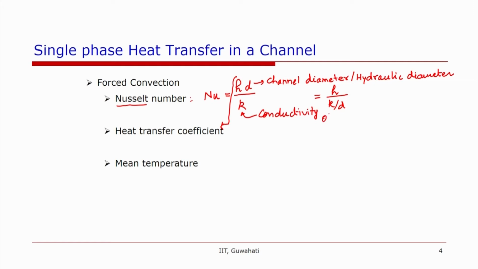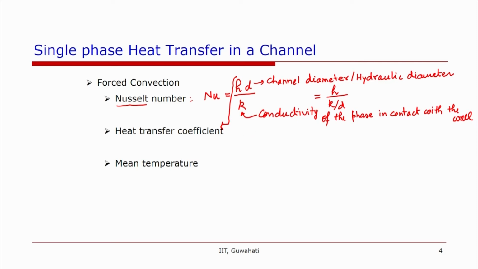So, the conductivity of the phase in contact with the wall, that is what should be used. Now, we know what d is, the diameter of the channel, and what k is, the conductivity of the fluid, which is the property of the fluid, and we can find it out, or we can calculate it by using different formulas available in transport phenomena.